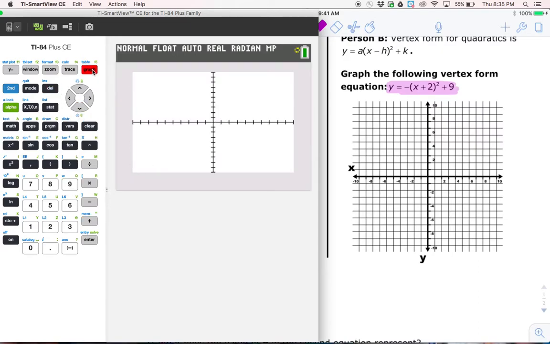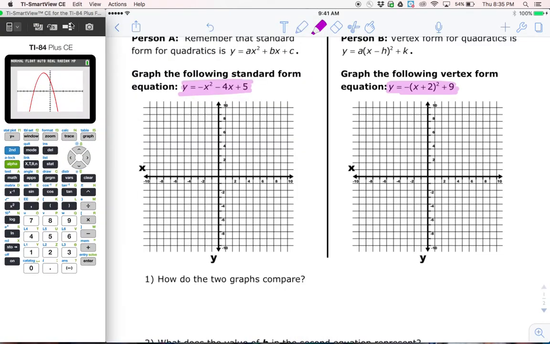Here's my blue graph, here's my red graph. They are identical to each other. They produce the exact same parabola. The point of showing you this is to reinforce that these two equations are the same, but they're written in different forms.